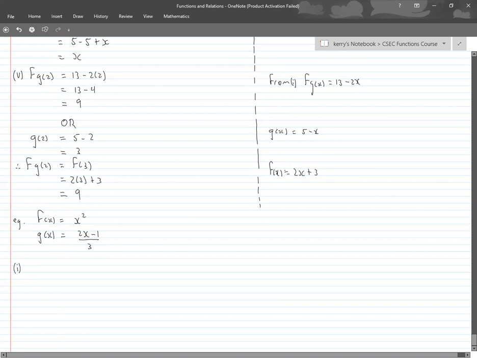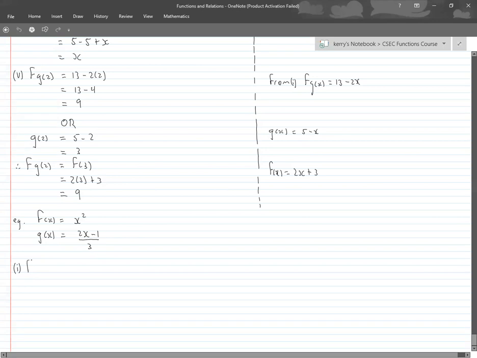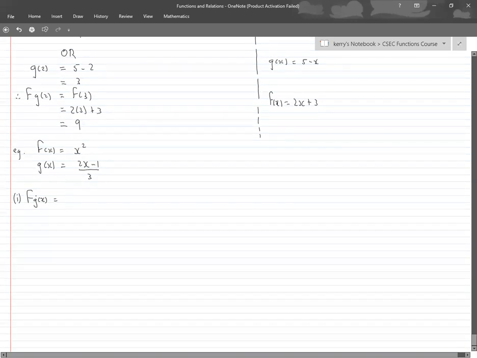Let's say that they ask us again to find f of g of x. A way I like to write it for students is to put the brackets around it. So it means f of g of x.